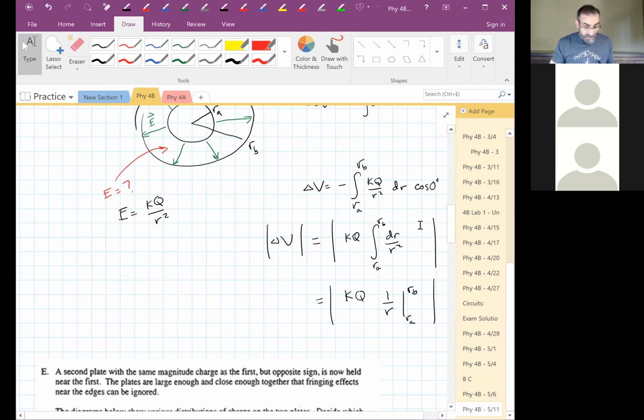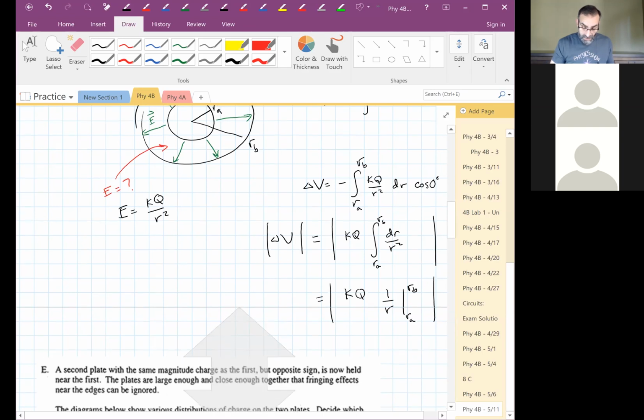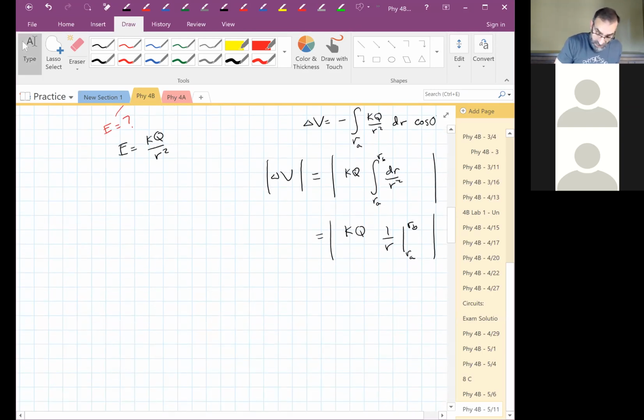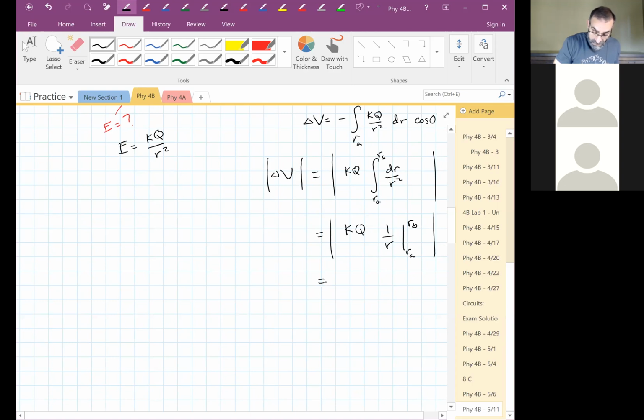I end up with 1 over RB minus 1 over RA, right? I'm just going to make it positive. So if I want to make it positive, then I have to flip these around, right? Because this is a negative number right here. So I'm going to flip them around to make it positive, and then I can eliminate the absolute value signs.